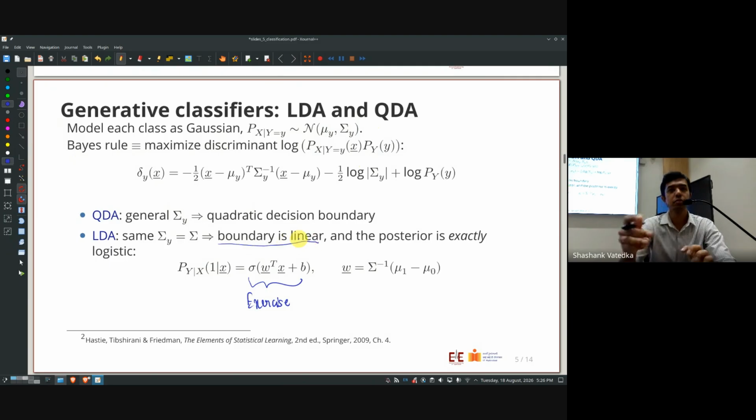That is, the decision rule for choosing y equal to 0 or y equal to 1 turns out to have a linear boundary, and p(y=1|x) is exactly equal to sigma of w transpose x plus b, where w is given by this particular quantity. This also gives you some additional information.